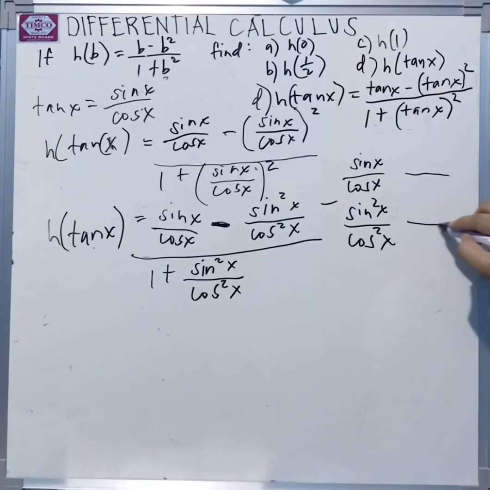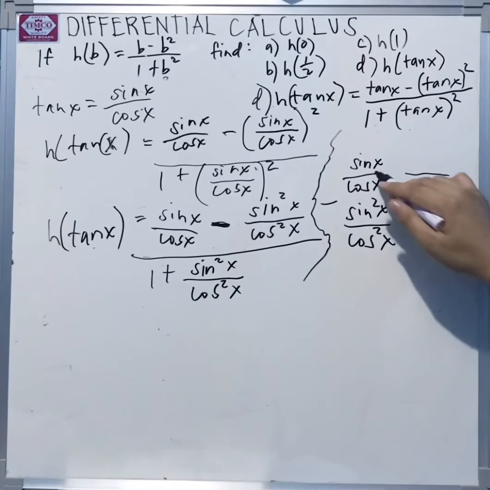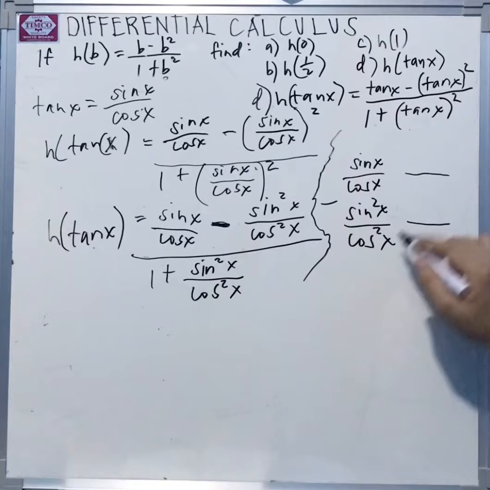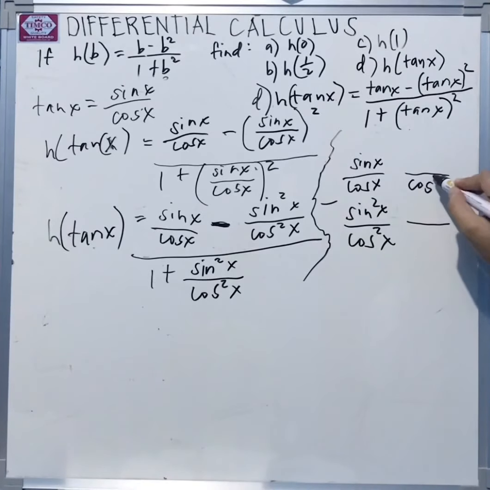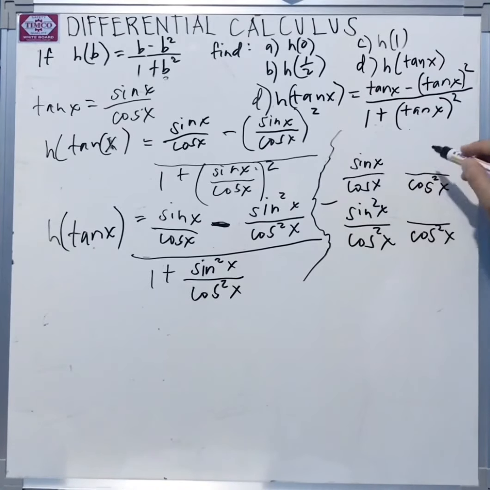So ano ba yung common denominator nila, di ba? Ihiwalay natin ito. So sin x, ang common denominator nila is cosine squared x. Okay, least common denominator. So cosine squared x over cosine x is cosine x, times sin x.